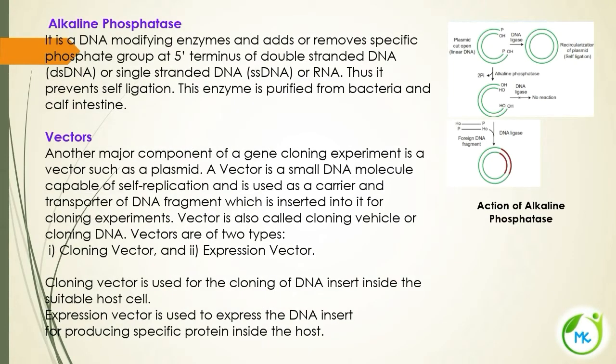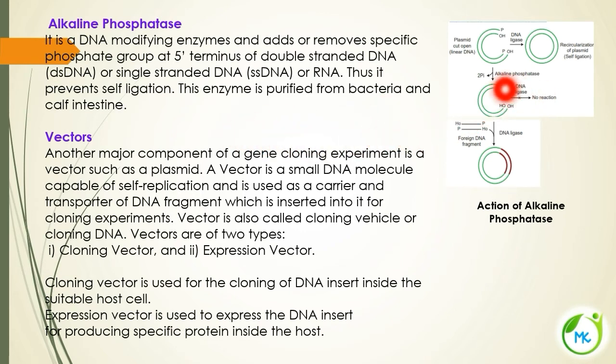The next enzyme which is important for genetic engineering is alkaline phosphatase. It is a DNA modifying enzyme and adds or removes specific phosphate groups at the 5' terminus of double stranded DNA. So it can add or remove specific phosphate groups at the 5' terminus of double stranded DNA or single stranded DNA or even RNA, and thus it prevents self ligation. This enzyme is purified from bacteria and calf intestine.